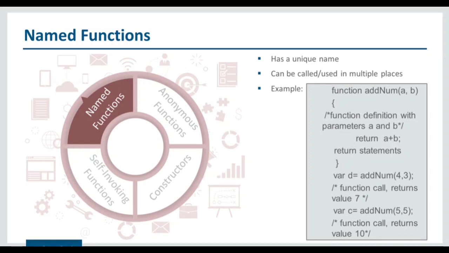Let's see the example. The name of the function here is, if you can just notice, function is a keyword in JavaScript followed by addNum. So it is the name of the function followed by round parenthesis in which there is a comma separated list of some characters or variable names, something like A, B, C, D, whatever.